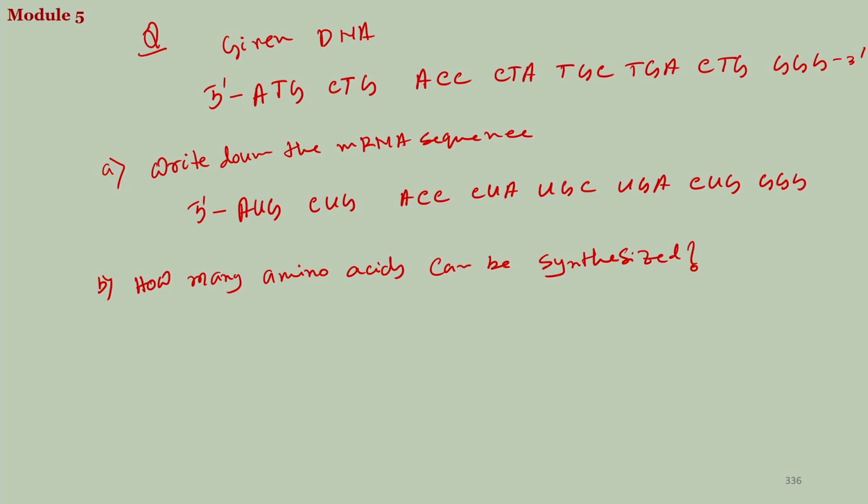So how many codons do you have? You have 1, 2, 3, 4, 5, 6, 7, 8. You have 8 codons. Would it synthesize 8 amino acids? Actually, if you look carefully, no, because I have included a stop codon here.